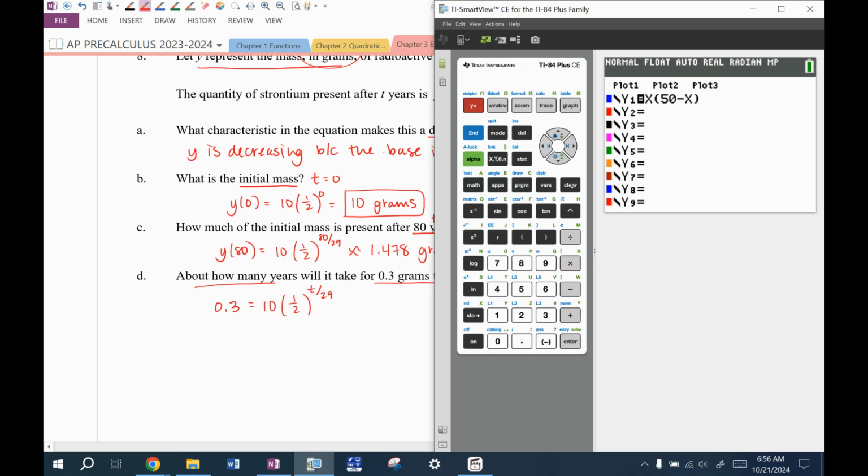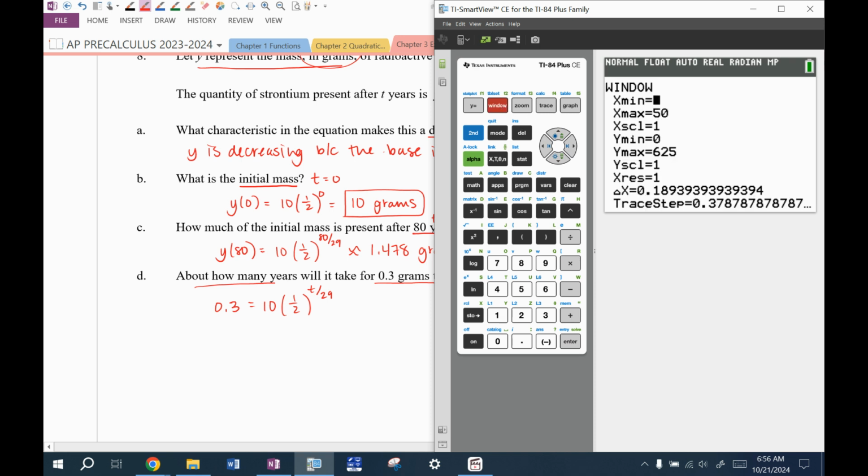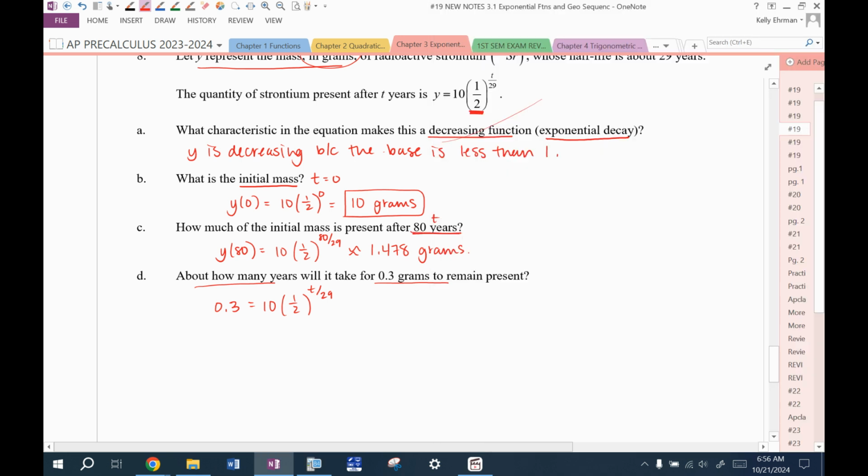Let's go to y equals. Let's type in, it doesn't matter in what order, 0.3 here, and then 10 times 0.5 raised to the x over 29 power. Now, what do I want my window to be? When I plugged in 80, I was at 1.478. So it's definitely got to be something bigger than 80, but I could even start at 80.